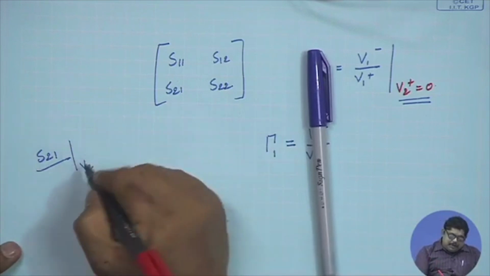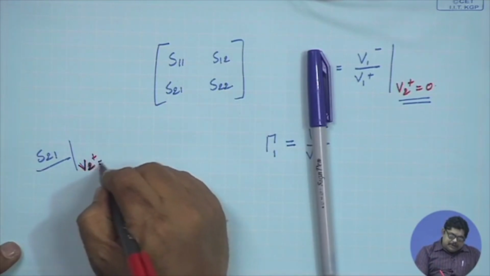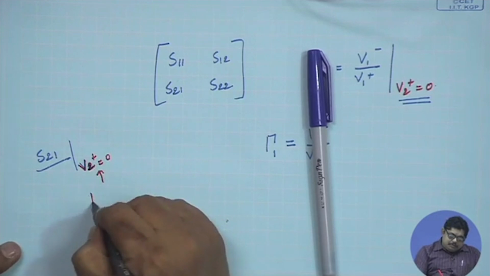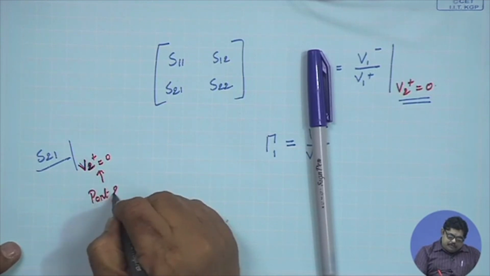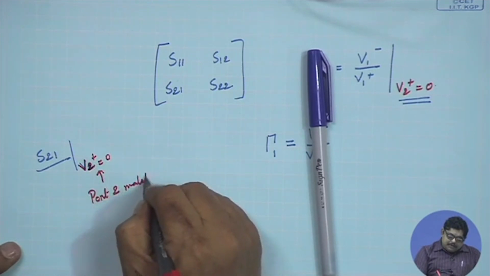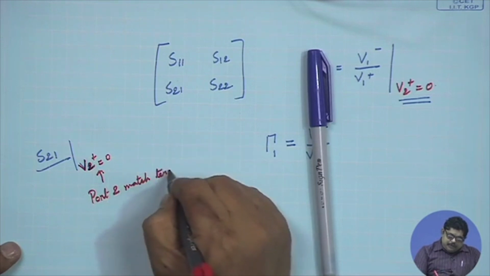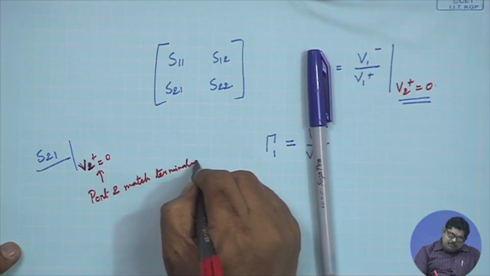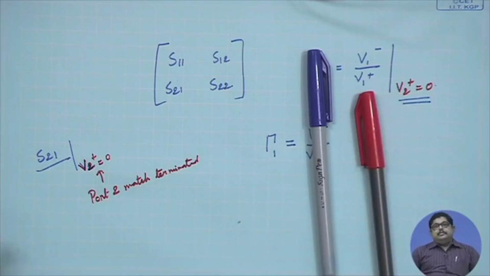If you make V2 plus equal to 0, this means port 2 is match terminated. Then S21 is the transmission coefficient.